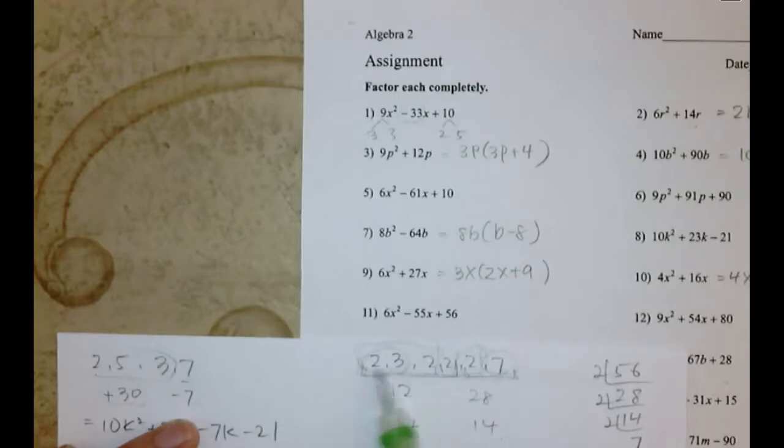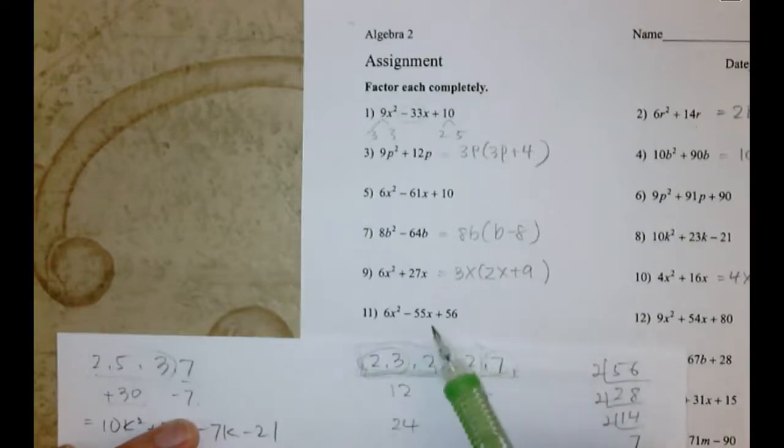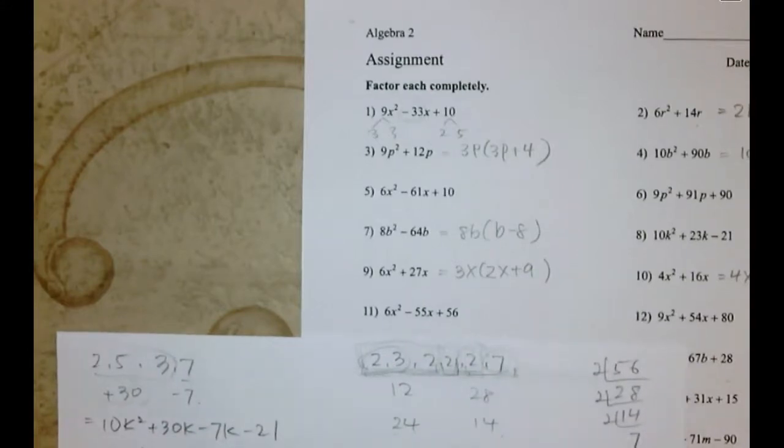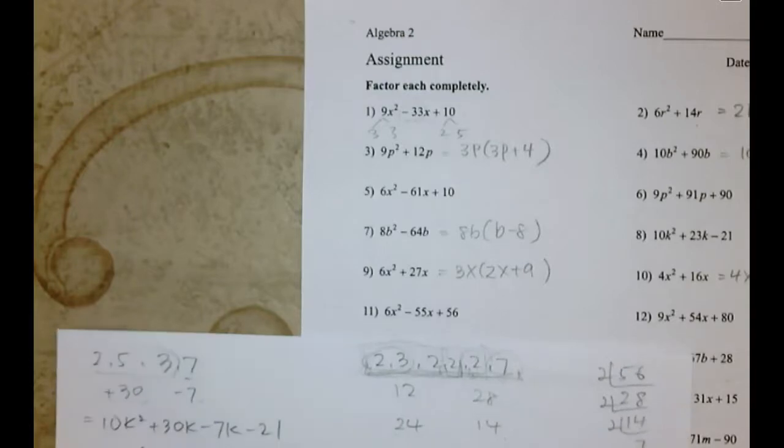If I multiply all this, that's 6 times 8. So that's 48 and 7. That's 55, right? Yeah, so that's it. So that's the number. So 6x squared minus 48x minus 7x plus 56. That's what you have to do.